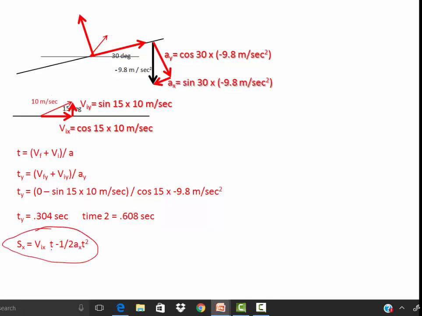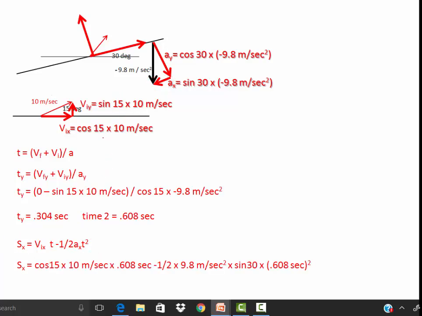The distance equation in the x direction is the initial velocity in the x direction times t minus 1/2 a t squared, because the acceleration force is going against the direction that the ball is going, so that's why this is a minus. So we basically just plug our numbers in, because we know that the initial velocity in the x direction is right here, and then we already did the acceleration in the x direction, which is right here.